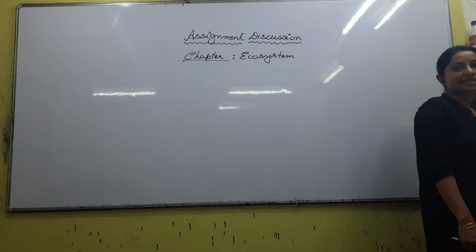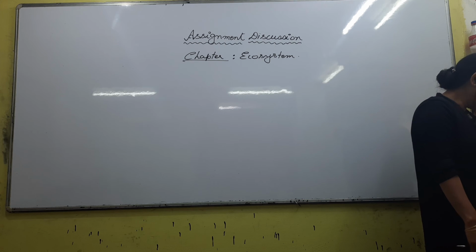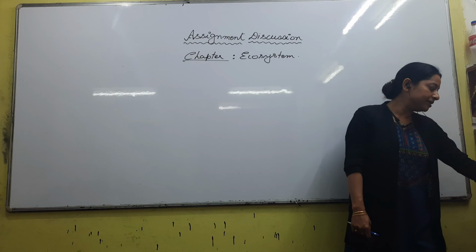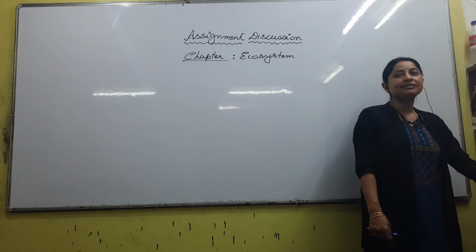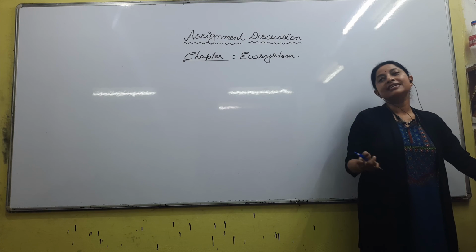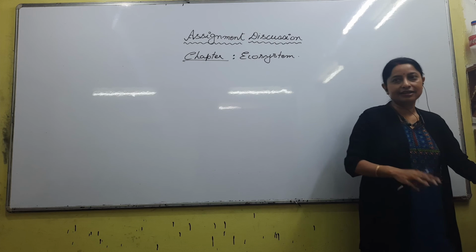Grams are given, so will it be upright or inverted pyramid of biomass? Question number 19: which one of the following statements for a pyramid of energy is incorrect? A pyramid of energy is always upright, so if it is written that it is inverted, that is incorrect.